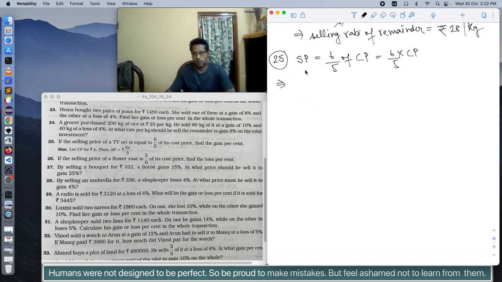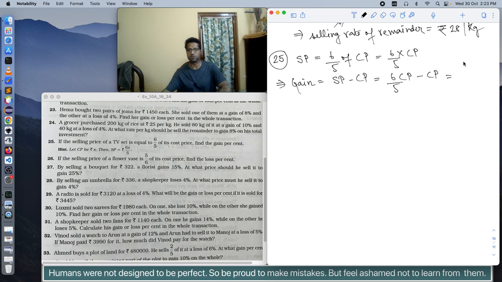Now gain will be equal to SP minus CP. This is equal to 6 by 5 CP minus CP. If you simplify 6 by 5 CP minus CP, this is CP by 5.